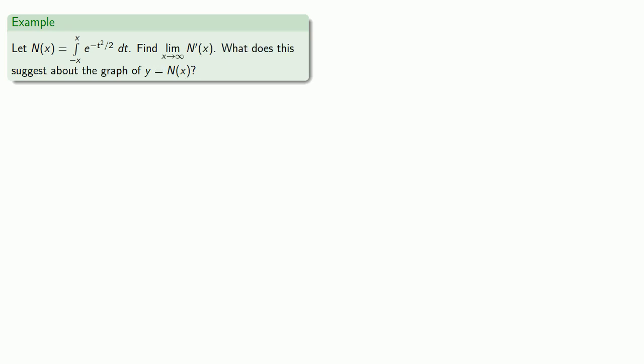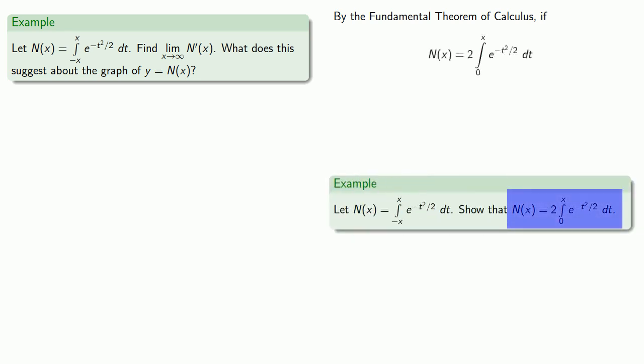Let's talk some limits. What's the limit as x goes to infinity of n prime of x, and what does this tell us about the graph of y equals n of x? So again, by the fundamental theorem of calculus, because I know that n of x is 2 times the definite integral, then I know n prime of x is 2e to the minus x squared over 2.